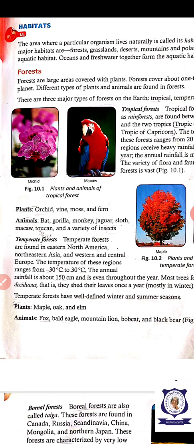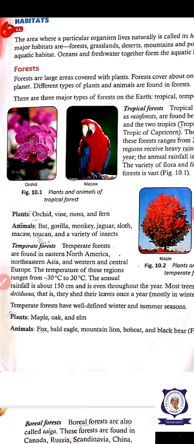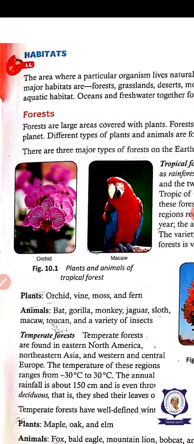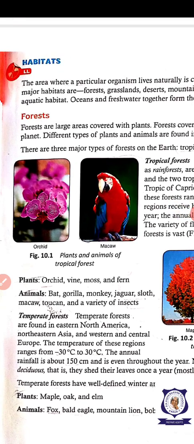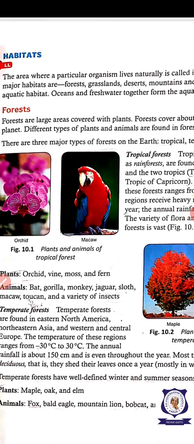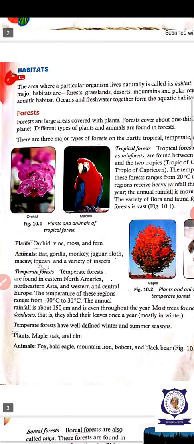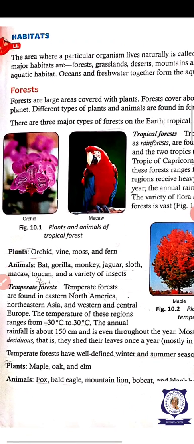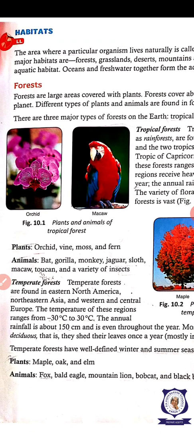So you have to have some coherent knowledge. For that purpose, we have kept the habitat lesson as the second lesson. Do you understand, children? Now, you should write down the points in your notebook.